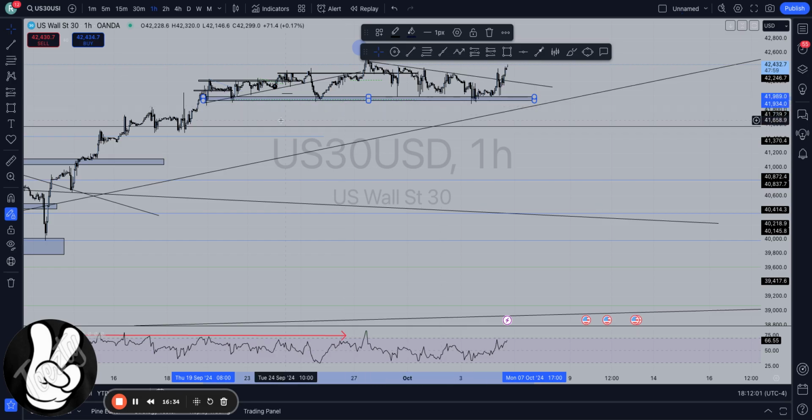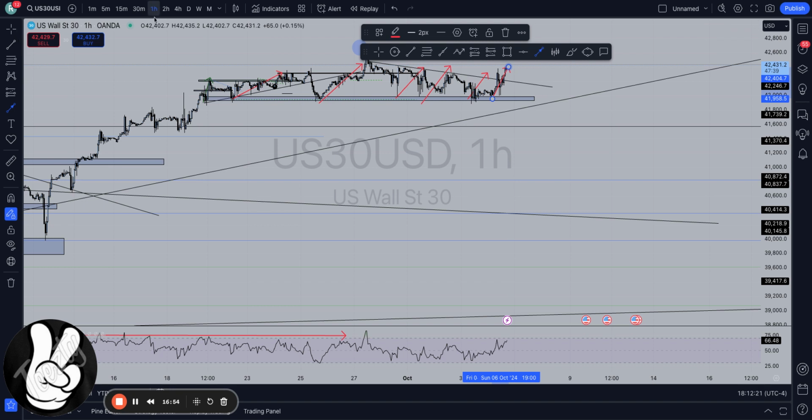So this box right here tells me that every time price touches this box, it pushes up. So from right here, it pushes up, it pushes up. Oh, I got the wrong thing. Push up, push up, push up.